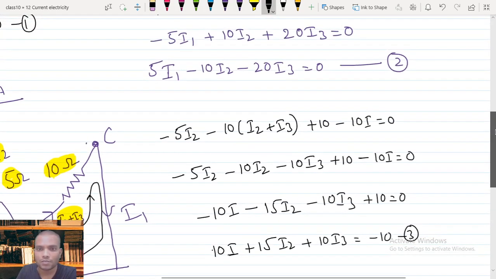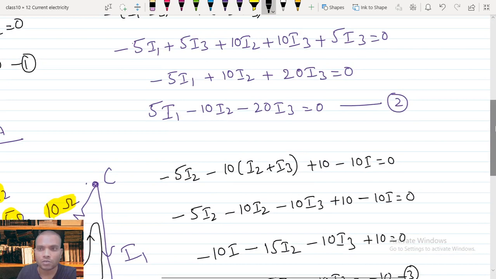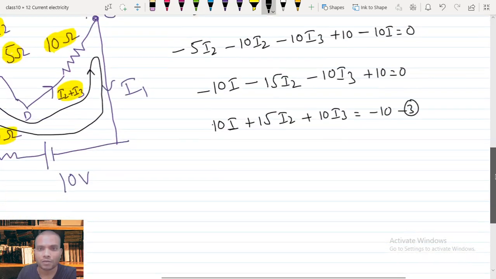Now solve these 3 equations. So I will put it at one place.